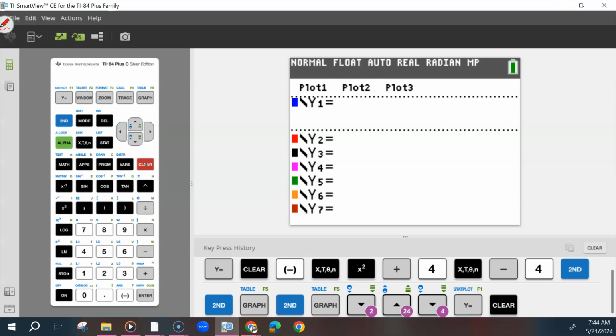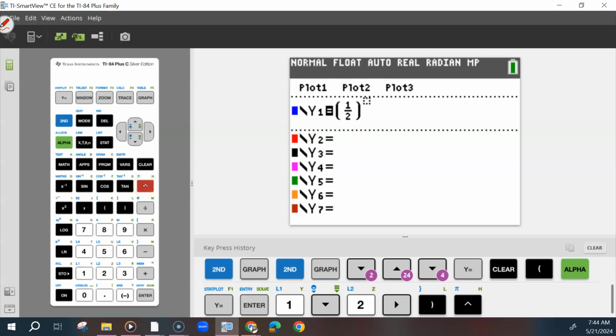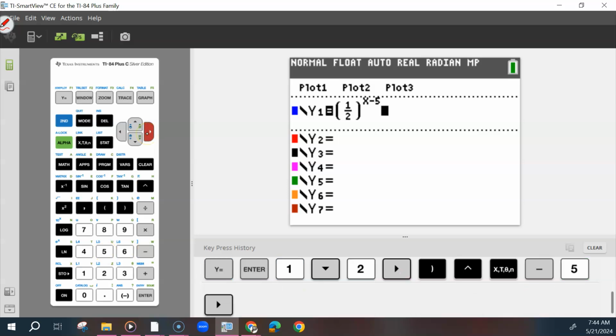Make sure you use parentheses and make this into a fraction. And then the caret, top hat, whatever you want to call this, for the exponent. And then bring it back down. And then go into the table.